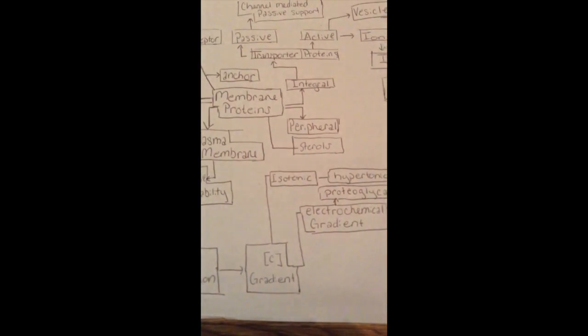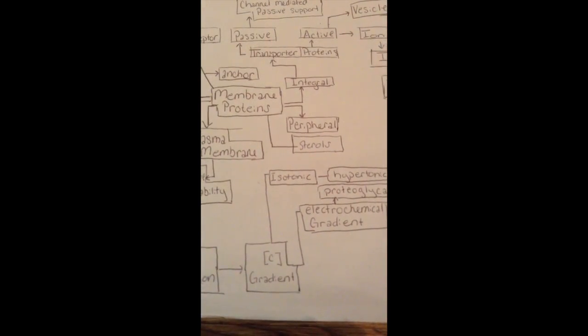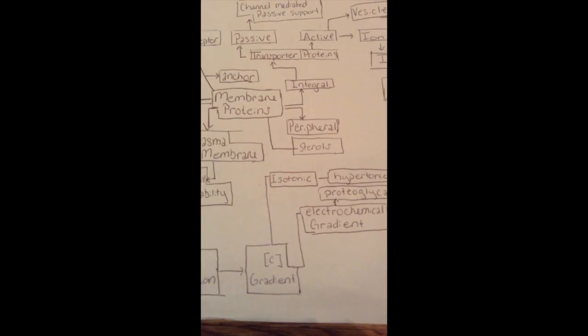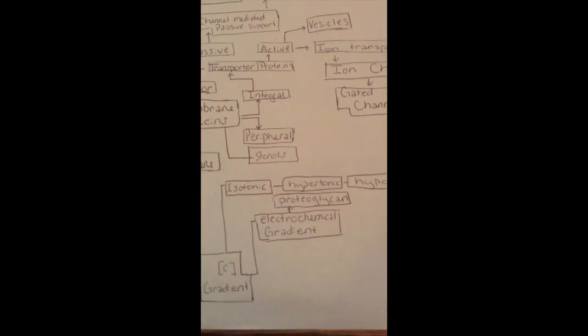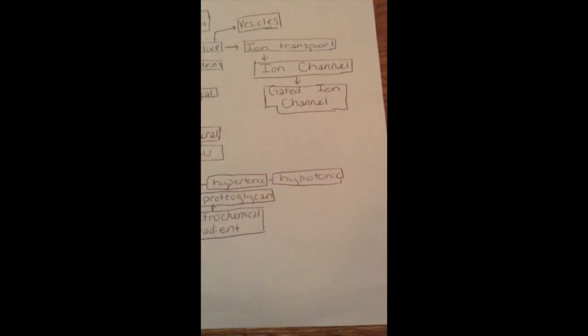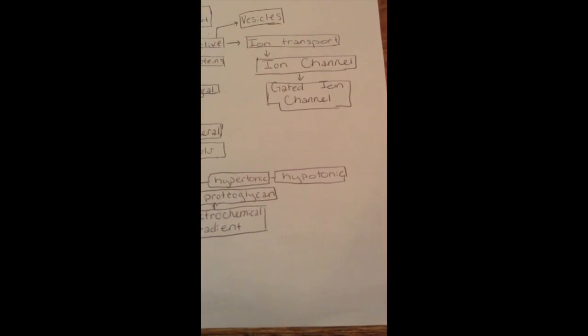So when there's equal amounts of ions or other molecules on either side, the solution is isotonic. And when there's more on the outside than the inside, it's hypertonic. When there's a higher concentration of ions or other molecules on the outside than the inside, it's hypotonic.